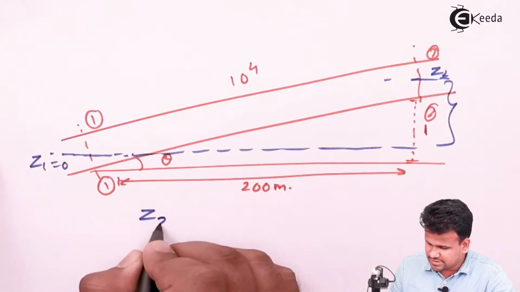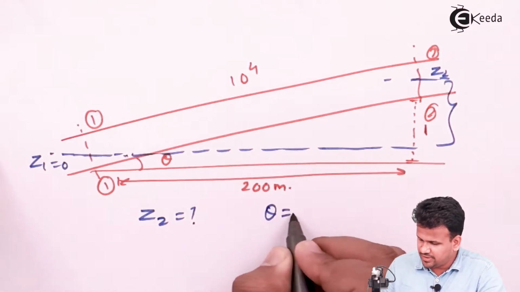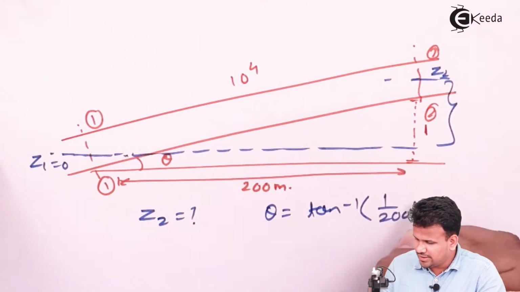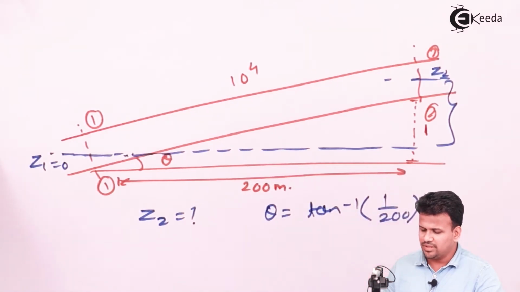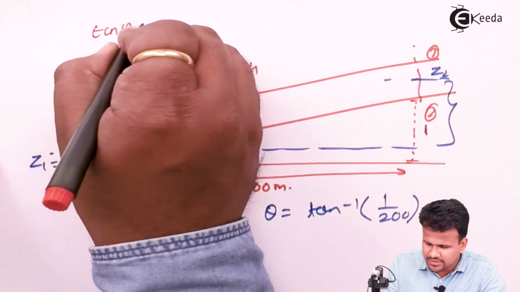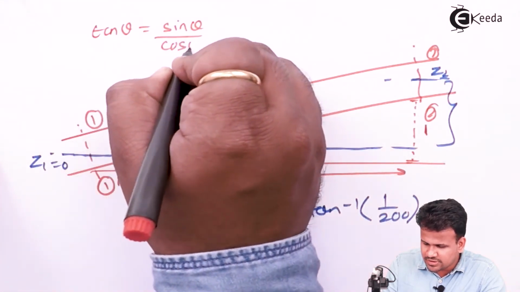To calculate z2, we'll first calculate the value of theta. Theta will be equal to tan inverse of 1 in 200. We know that tan theta is equal to sine theta upon cos theta.